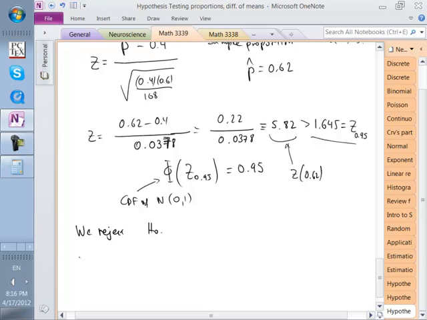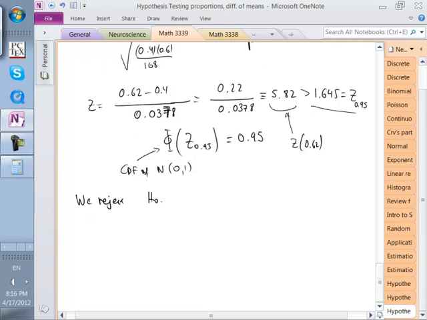Now, on the other hand, if I want to see what the p-value is, the p-value is actually 1 minus phi of the Z statistic, which, as we calculated, is 1 minus phi of 5.82.